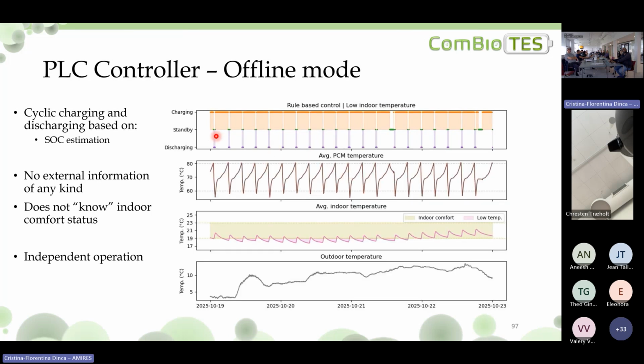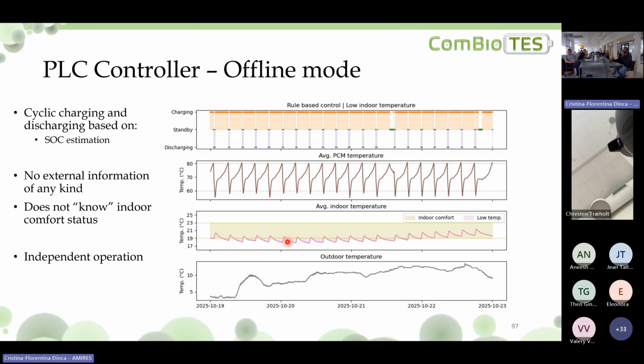And so the PCM goes through very uniform, stable charge discharge cycles. Since this offline mode has no information about the temperatures in the building or any other kind of external information, it may sometimes not be able to supply enough heat to maintain the indoor temperature within the comfort bound.